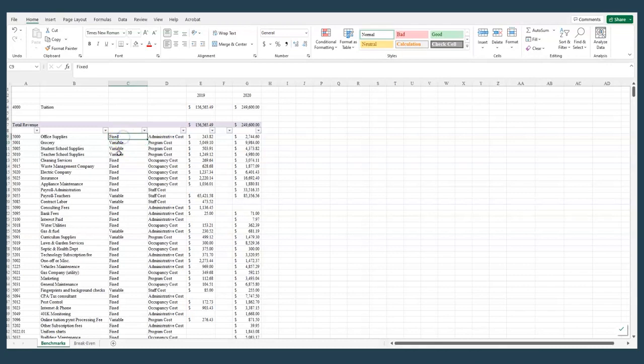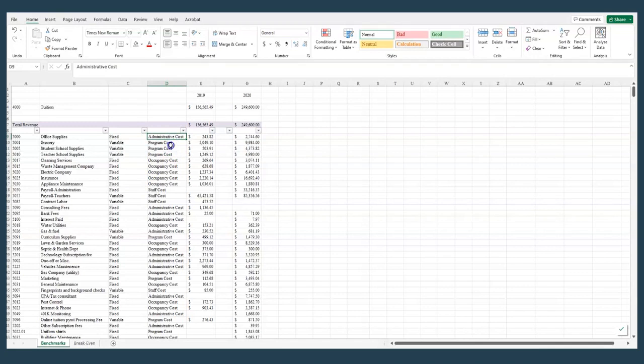By fixed, we mean: do they change with the number of students enrolling, or do they stay the same no matter how many students we have? Office supplies, because they're more administrative, probably won't increase based on the number of students in the building. Whereas groceries will definitely increase or decrease depending on the number of students we have.